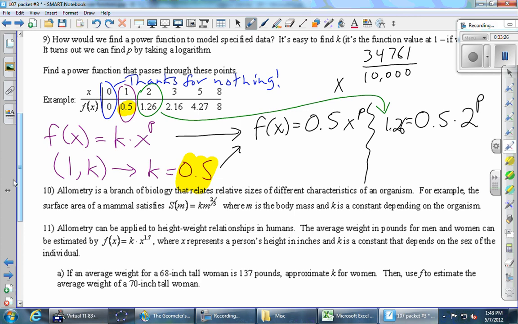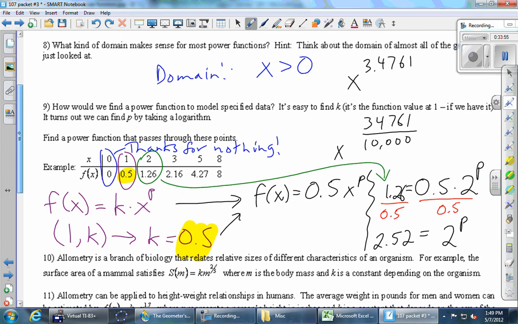So let's divide both sides by 0.5. And then what do we do to both sides? Now we'll take a log.